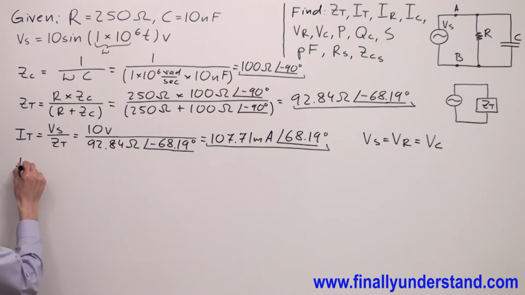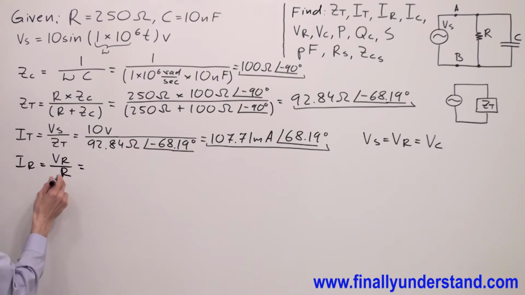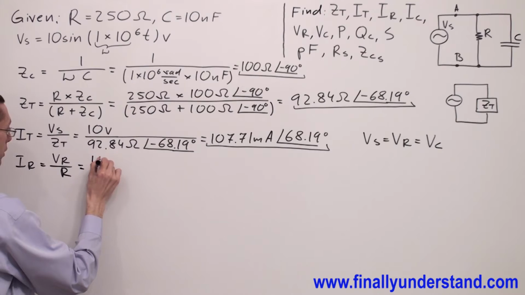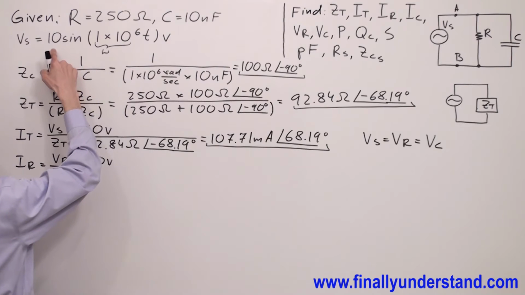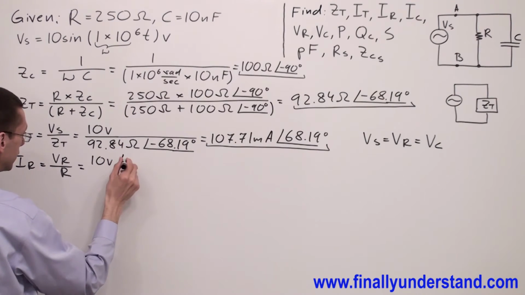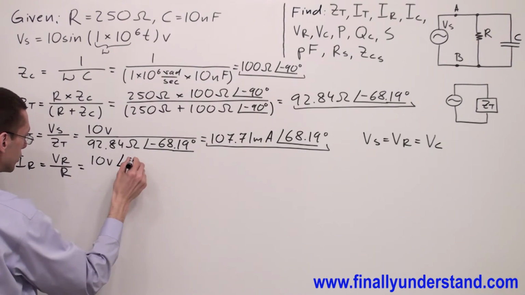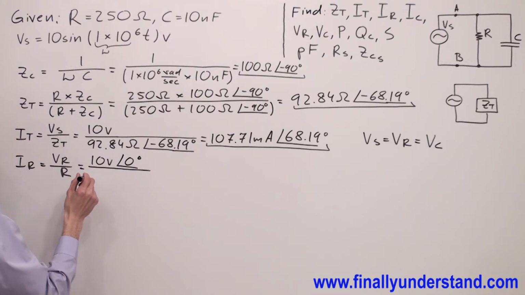So IR is equal to VR over resistance, where VR is equal to 10 volts and angle of 0. Okay, this is my 10 volts and I have no angle, that's why I can ignore this 0 or I can add this 0, it doesn't matter, over resistance.